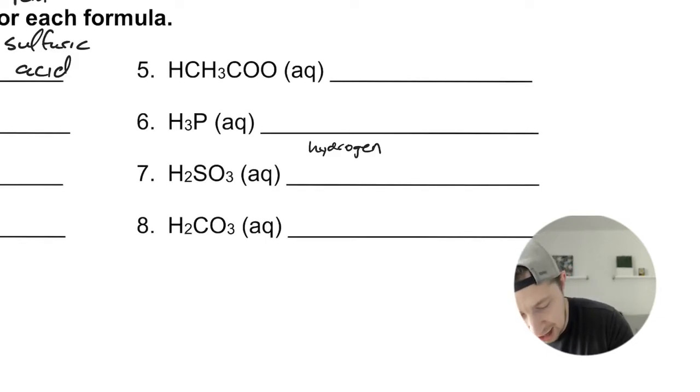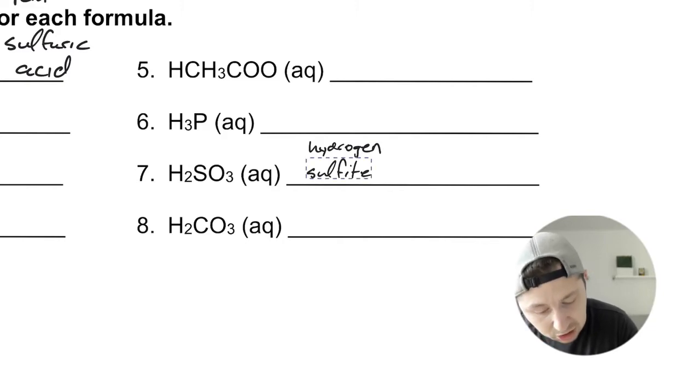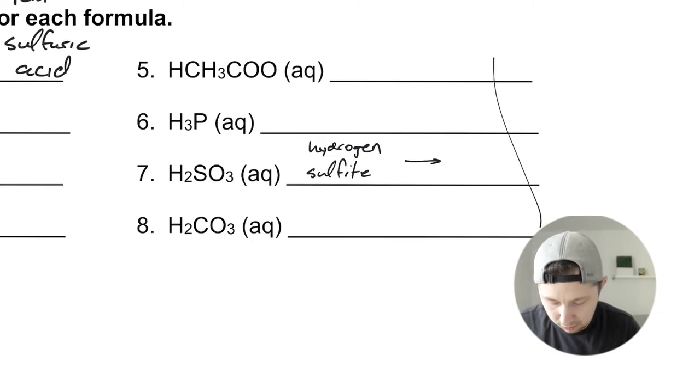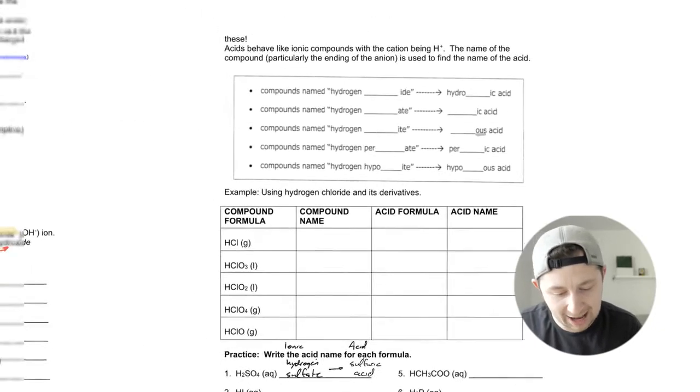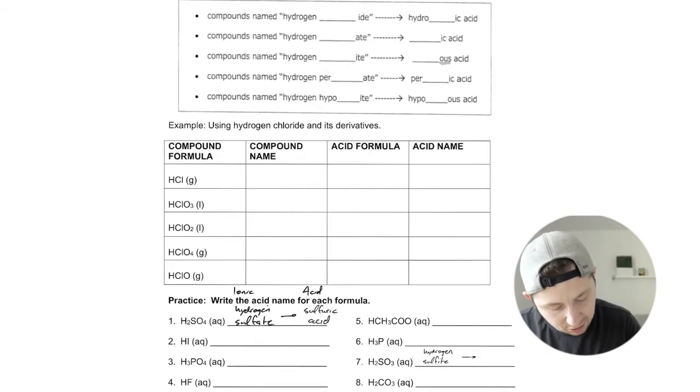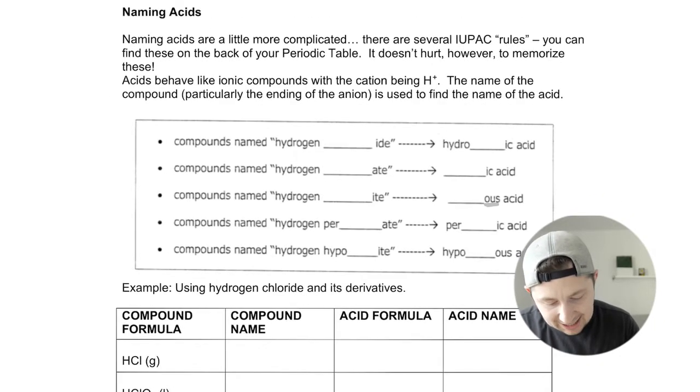And so I can go back over here, and I know that my ionic name for this thing is going to be hydrogen sulfite, which is great, but because this thing is aqueous, I need to give it its acid name. So we're going to come up here to our acid rules, and what we find is this is called hydrogen sulfite, ITE.